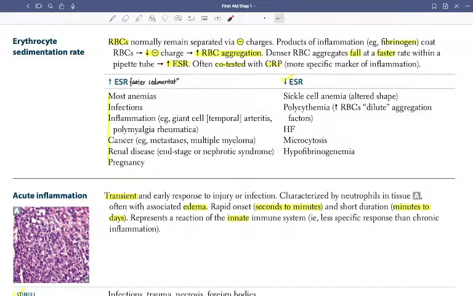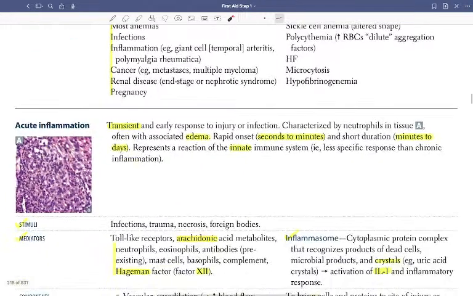ESR is increased in most anemias, infections, inflammation, giant cell temporal arteritis, polymyalgia rheumatica, cancer, metastasis, multiple myeloma, renal disease, pregnancy, and altered cell shape. It decreases in polycythemia, where the blood is less dilute, heart failure, microcytosis, hypofibrinogenemia, and finally sickle cell anemia.